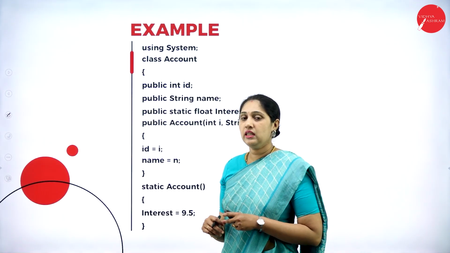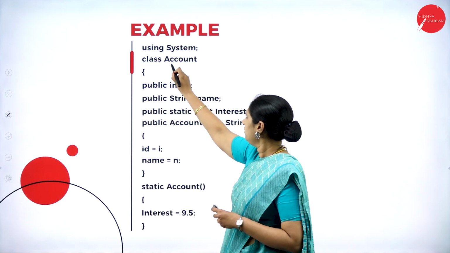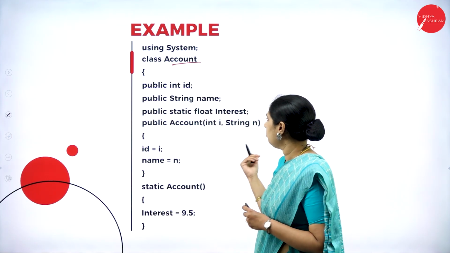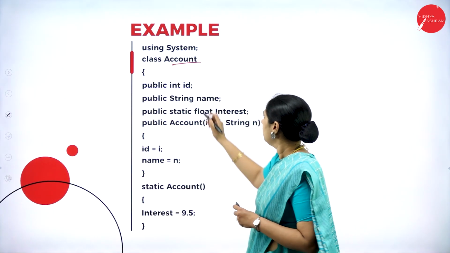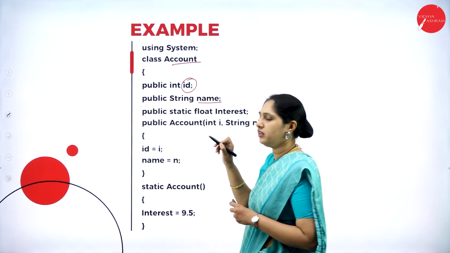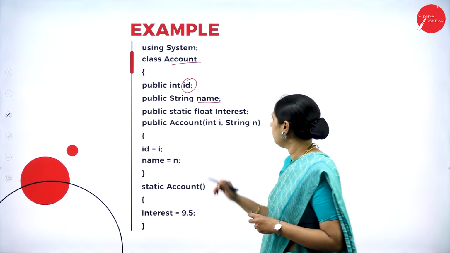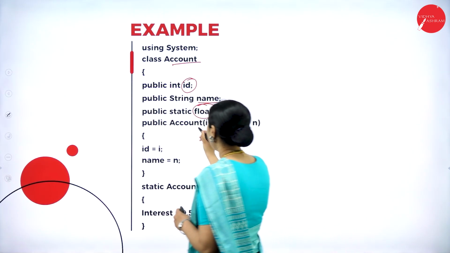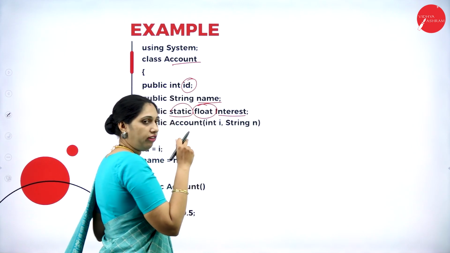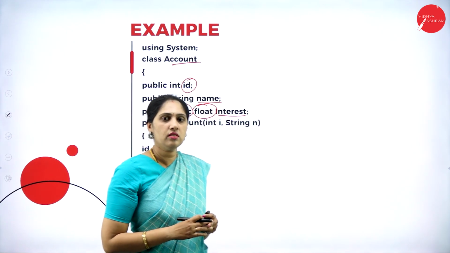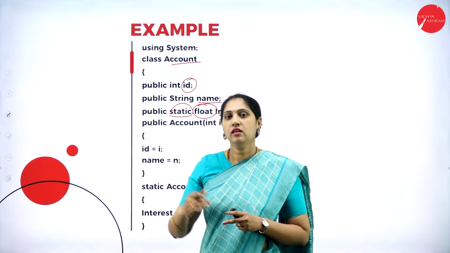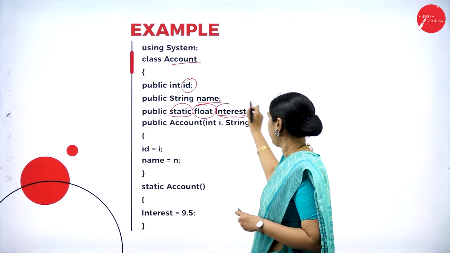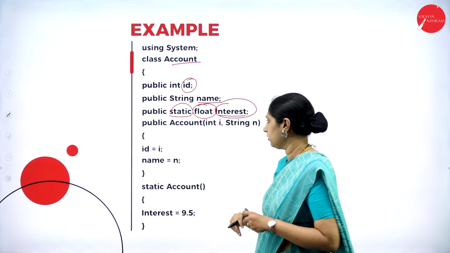So how is it used in our example? Say we have taken Account. There was Employee, now it is Account. So what are the data members? Say ID is there, name is there. Instead of salary, we have taken interest, which is of type float. So you can see the difference. We have taken a static field. If I take a static field, I take a static constructor to initialize this static field. Which is the static field? This is the static field, that is interest.